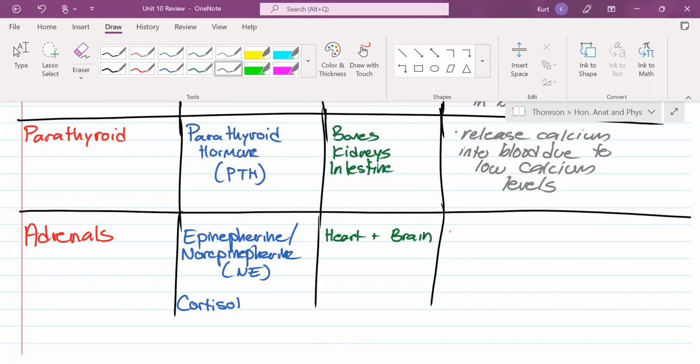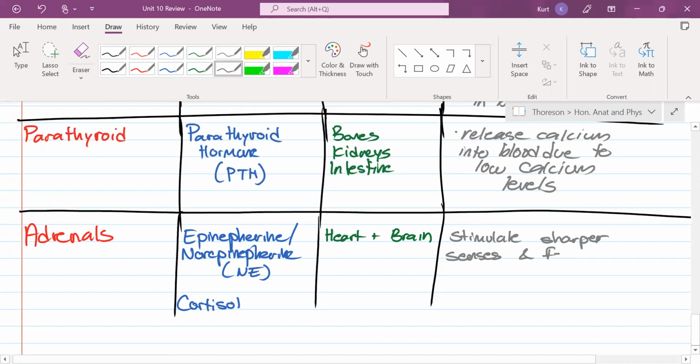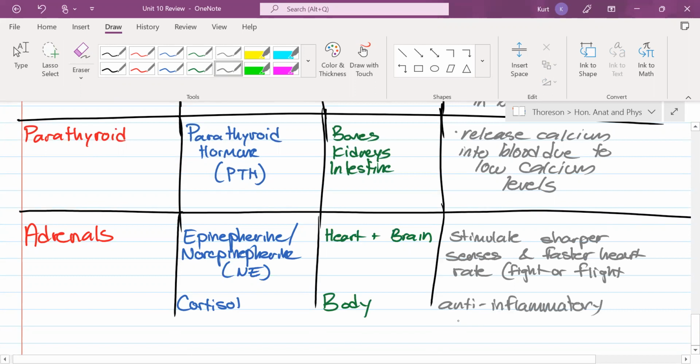They stimulate sharper senses and faster heart rate. This is the fight or flight. Cortisol generally targets the whole body. It is an anti-inflammatory and stress reliever.